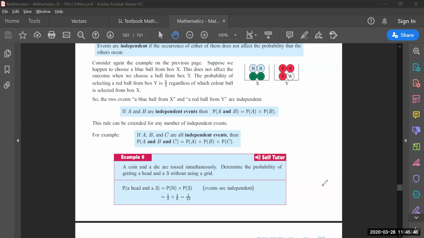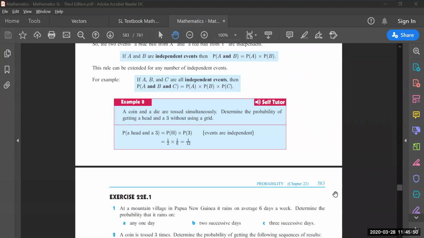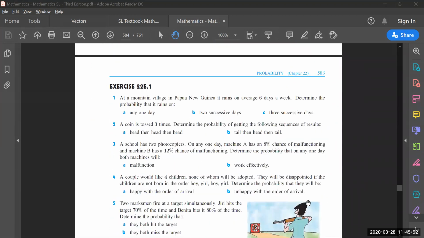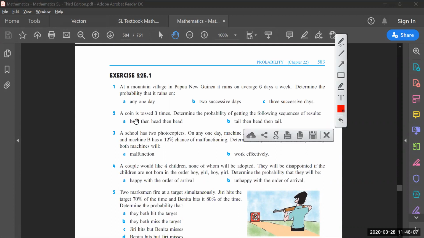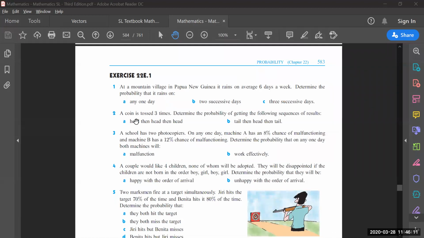Now, let's try question 2. What you can do is, you can do it on your paper. After you're done with it, you can take a snapshot and send it to WhatsApp.